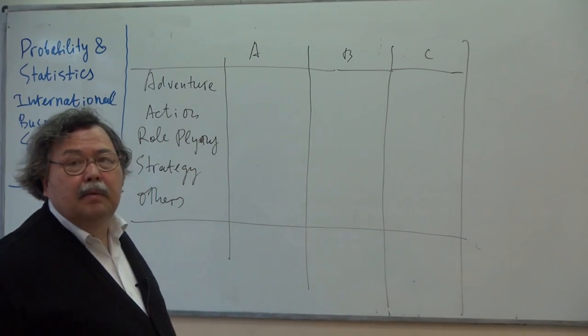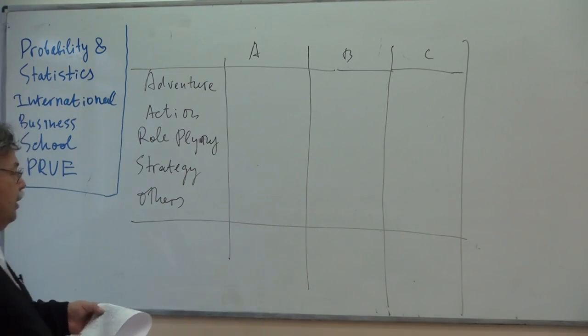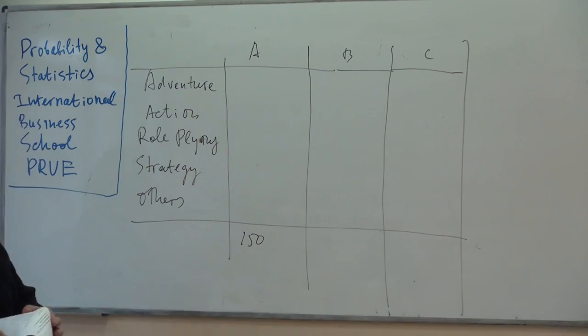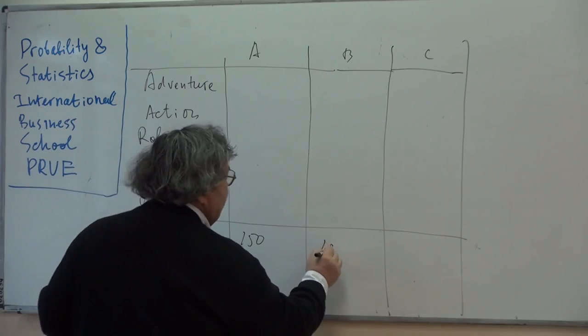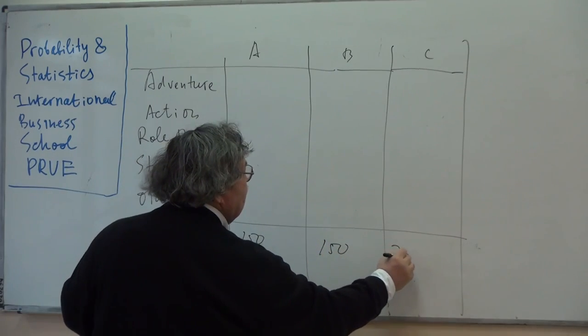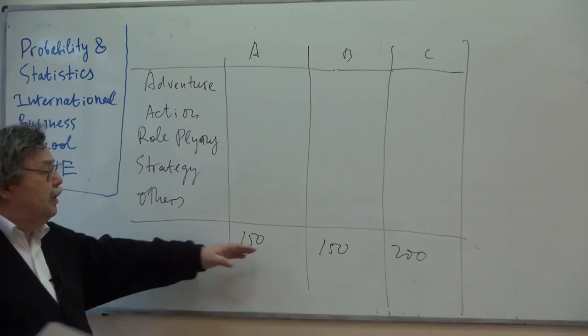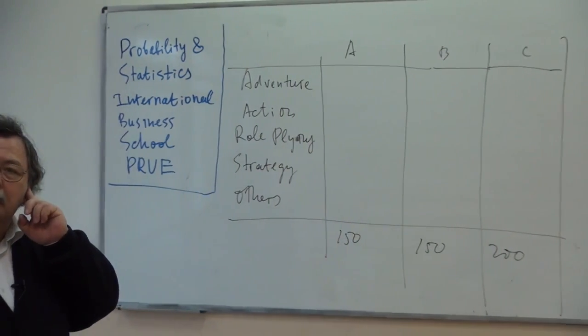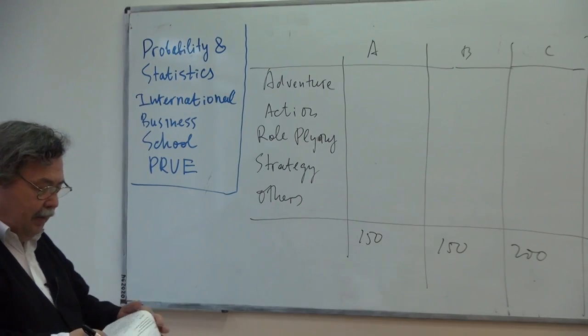Suppose we decide in advance that we interview 150 users in region A, 150 here, and 100 and 200 here. Well, now these are predetermined numbers. There is nothing random about these.